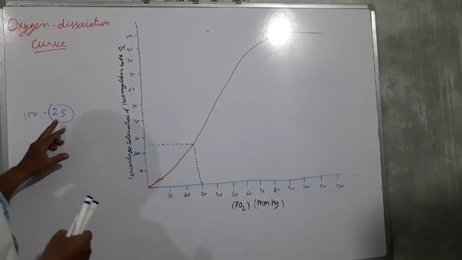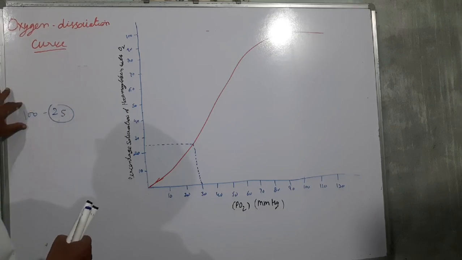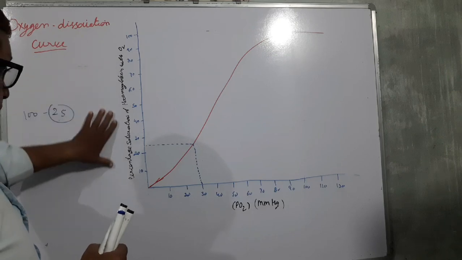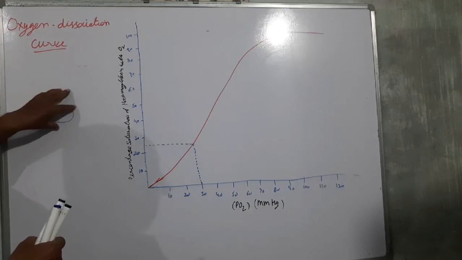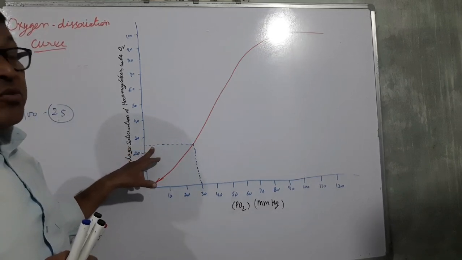So out of 100 hemoglobin molecules, 25 molecules will be saturated.